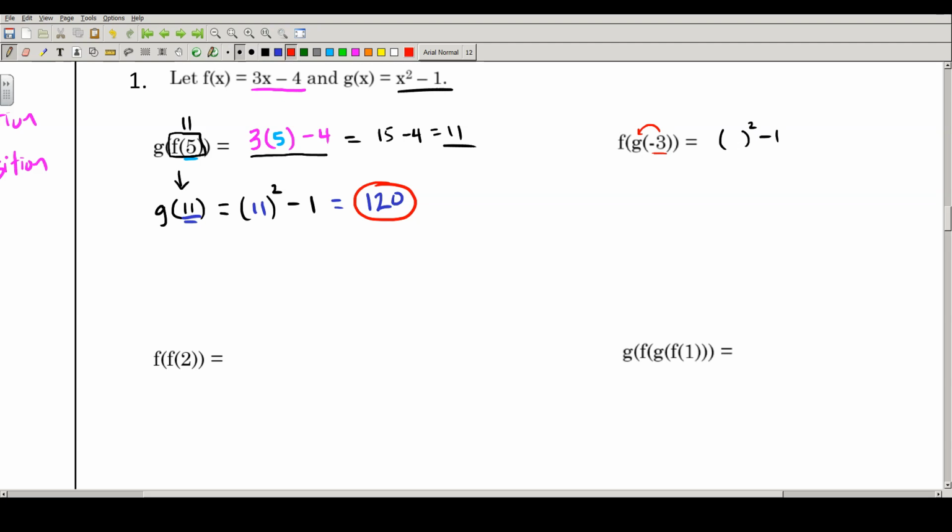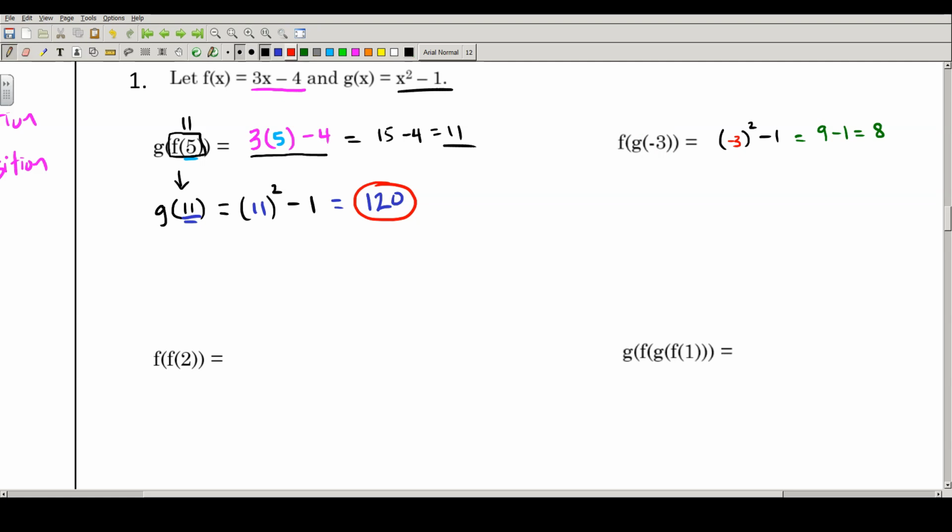But I know my input is negative 3, so negative 3 squared minus 1. So g of negative 3 would be 9 minus 1, or 8.